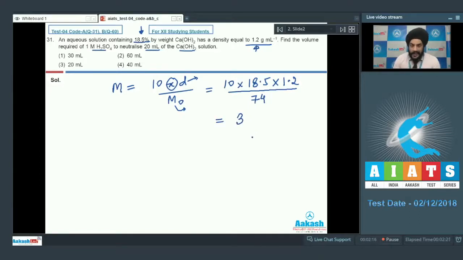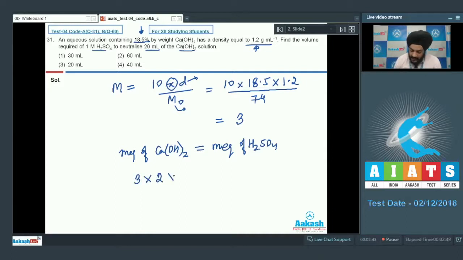Now all that is left in the question is to equate the milliequivalents of calcium hydroxide and H2SO4. So students, MEQ of calcium hydroxide should be equal to MEQ of H2SO4. Using the data given to us, the molarity of calcium hydroxide is equal to 3, its N factor is equal to 2, and the volume given to us is 20 ml.